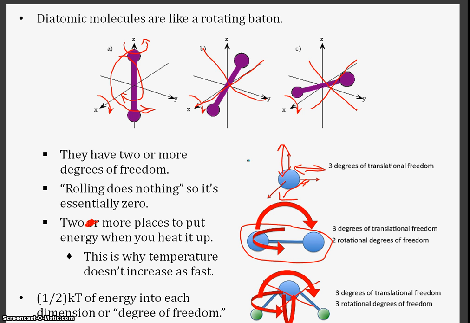For every translational degree of freedom, you get 1/2 kT, so that adds up to 3/2 kT. That's why a monatomic gas has 3/2 kT as its internal energy. But for a rotating baton, you have another 2 degrees of freedom, and so you have another 2/2 kT, or a total of 5/2 kT.